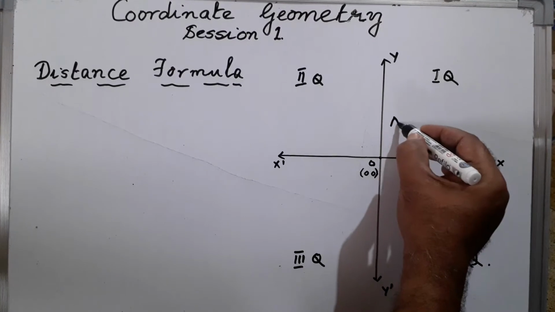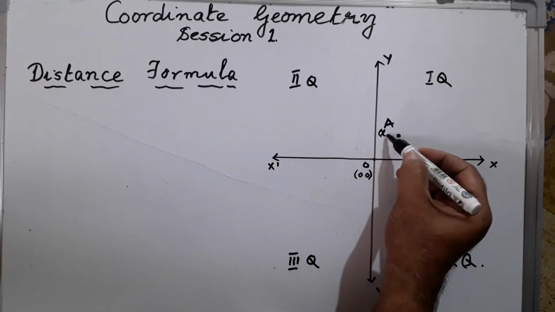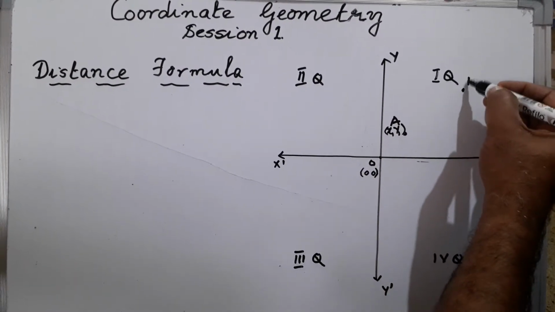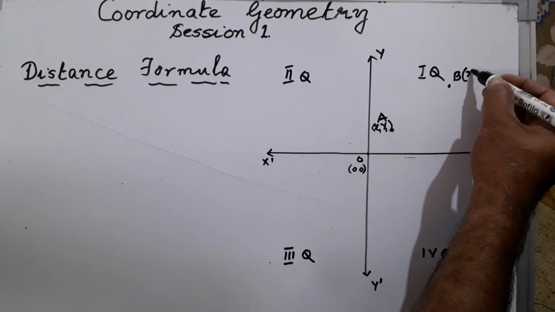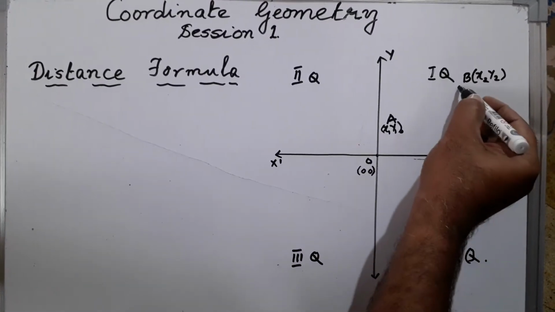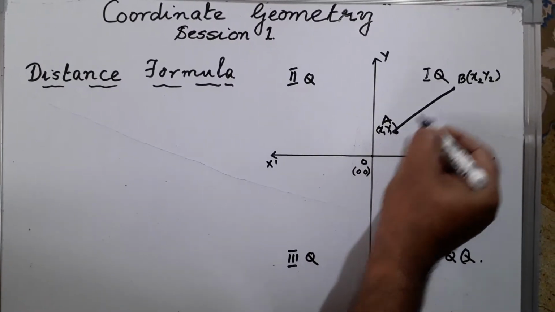Let A be a point with coordinates x1, y1, and B be another point with coordinates x2, y2. If I join A and B, I will get a straight line.